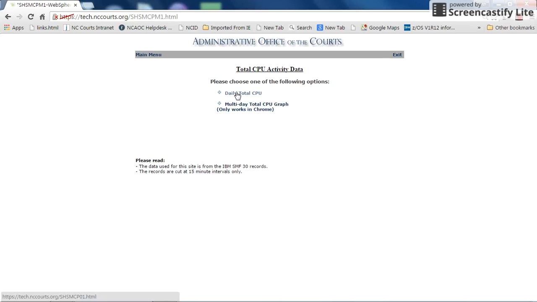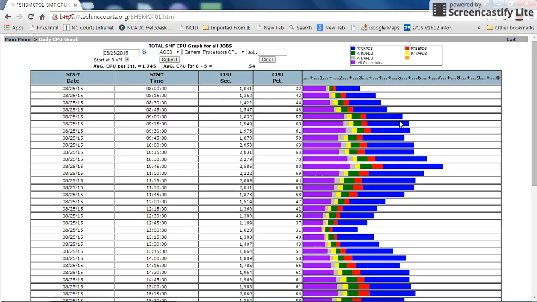We can look at the day for today, and this is our CPU running on our AOC3 LPAR. We have two separate CPU boxes. One runs all of our legacy work, our CICS, IMS, and one runs all of our new WebSphere work with Java.